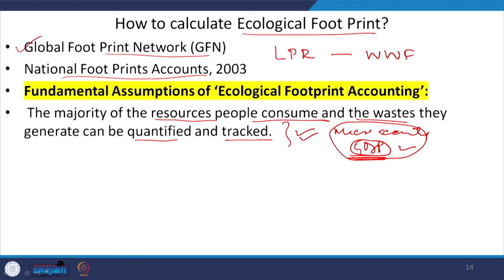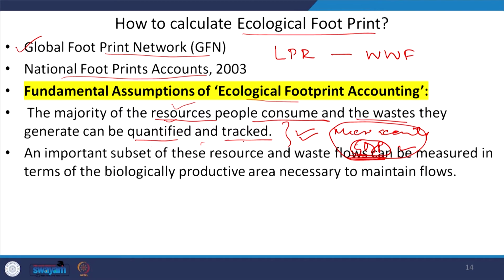But however, in the ecological footprint, it is assumed that natural resources accounting and resource calculation is possible, and the amount of waste we are producing out of economic activities can be quantified as well as tracked, from which source this waste is being produced.